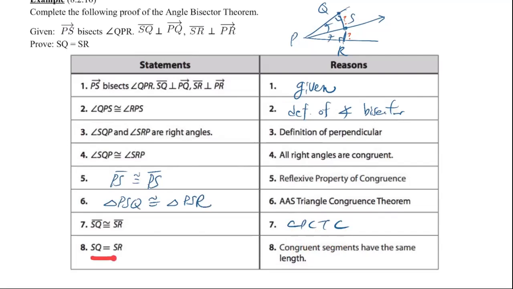And the rest is just that if you have congruent segments, they have equal measure, and congruent segments have the same length, or you could simply say definition of congruence. Okay, guys? All right. And that is it for the second part.